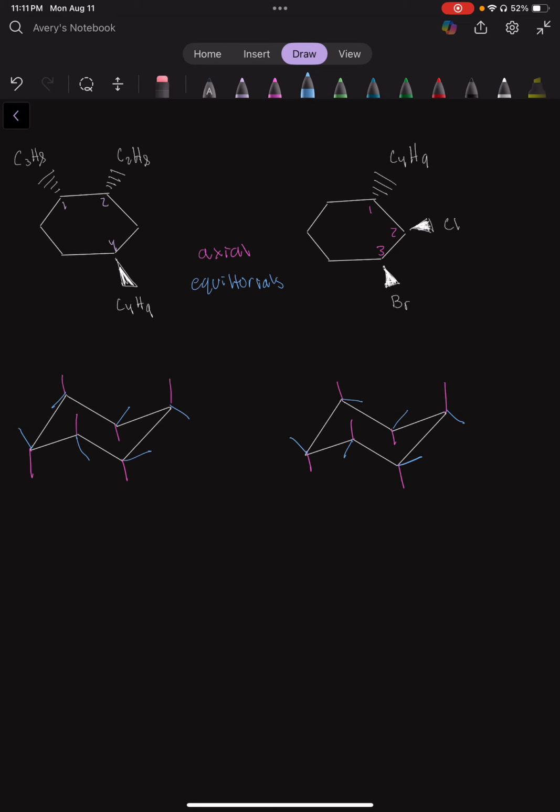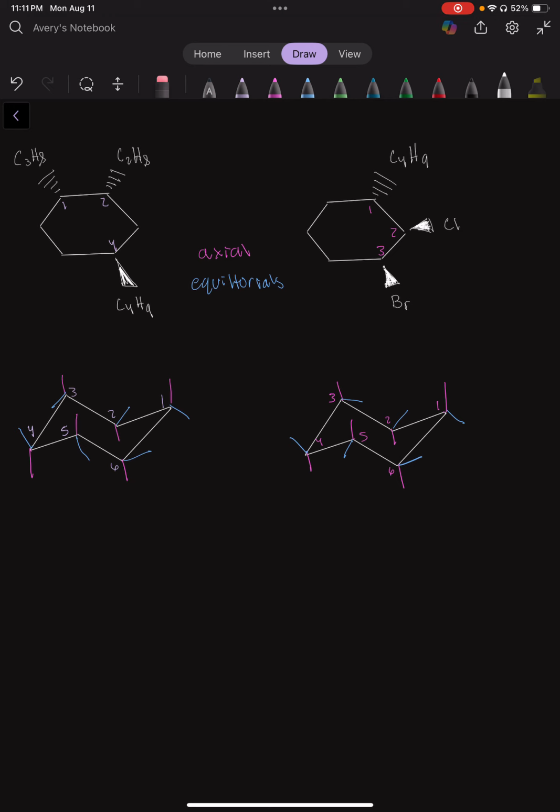Now we also need to number our chairs. So I'm going to do 1, 2, 3, 4, 5, 6. Same thing on this side. 1, 2, 3, 4, 5, 6. So now we correspond the numbers to the axials or equatorials.